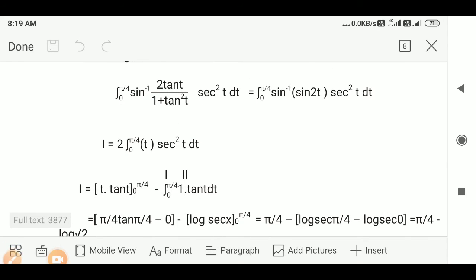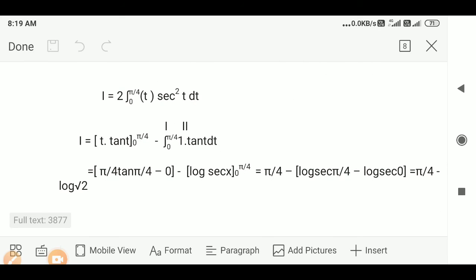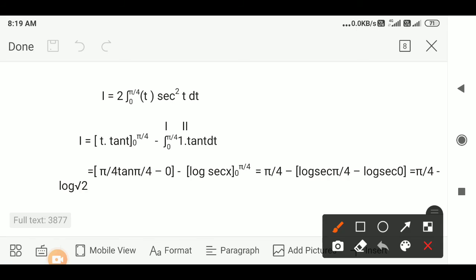Now using the integration by parts rule, here we have t as the first function and sec square t as the second function.